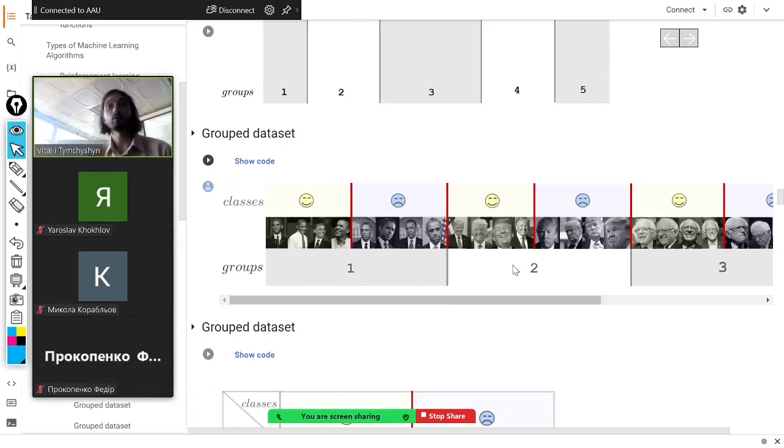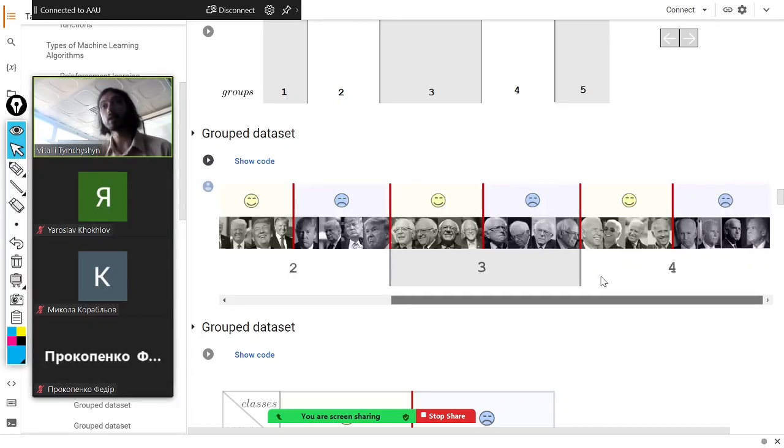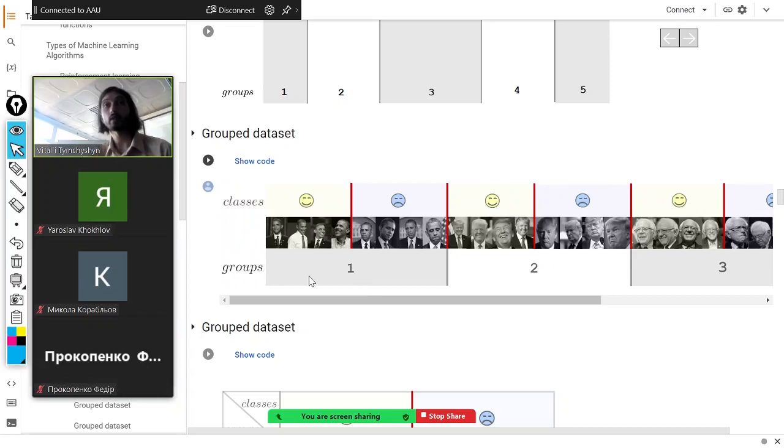And here is an example for you. Here is a data set. This is a data set for, let's say, emotion classification. So you are classifying whether the person is smiling or, I don't know, frowning. Whatever. 2 classes. And you see here that there are a number of people, let's say Barack Obama, Donald Trump, and so on.